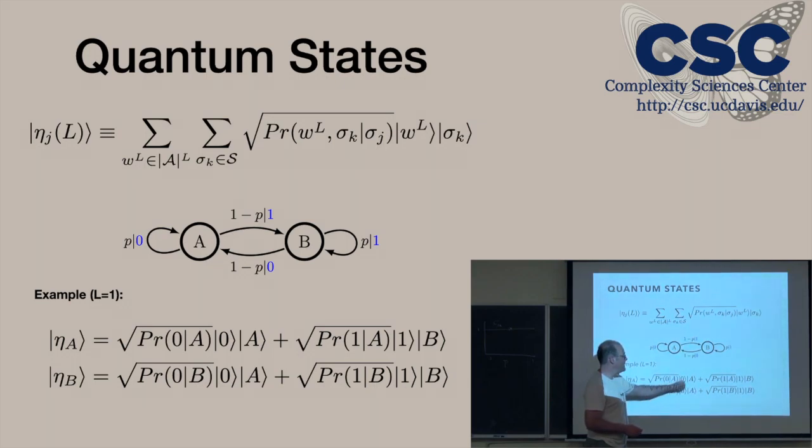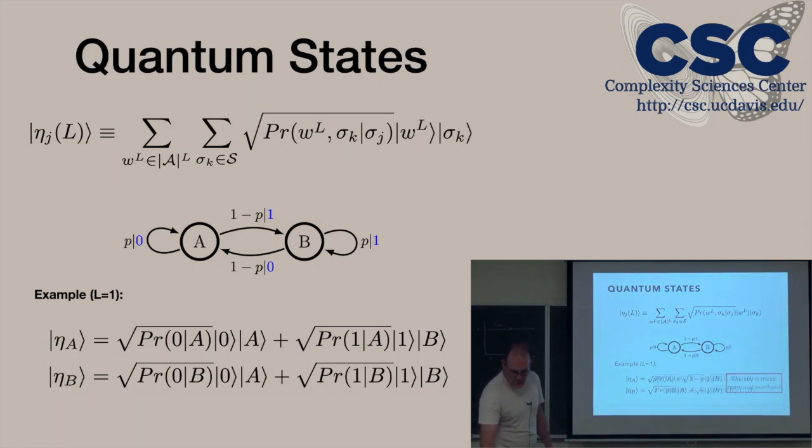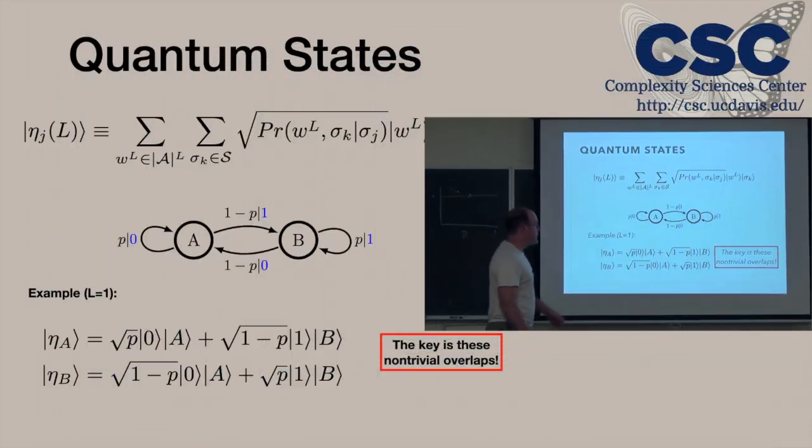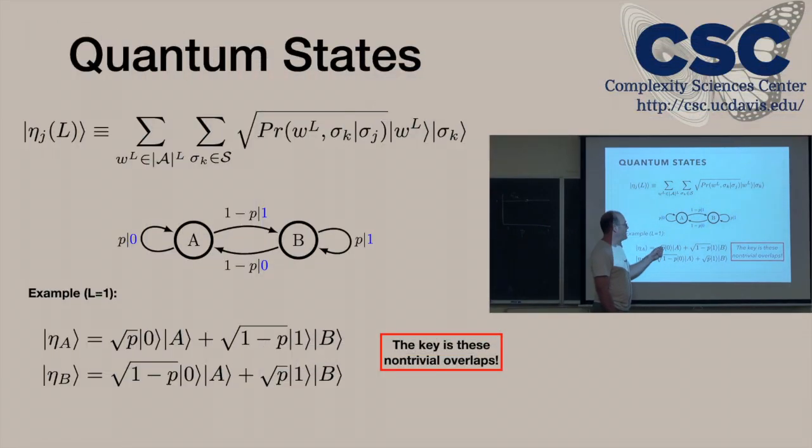This thing is a quantum label for this particular word that I've seen, and this thing labels the state that I end up in after having seen this word following this state. And we just do this repeatedly. The probability of a 0 given an A is just P. So we have root P, root 1 minus P, and then these things reverse.